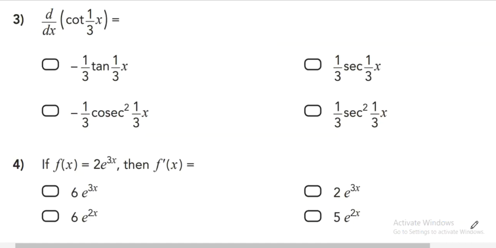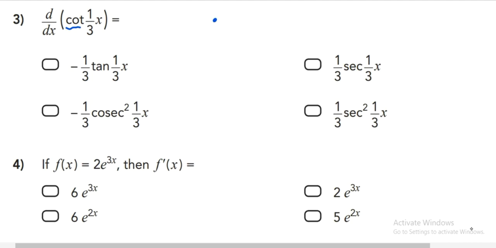Question 3. d by dx cotan 1 over 3x. Here we want to differentiate a trigonometric function. We said before that differentiation of a trigonometric function is differentiation of this trigonometric function multiplied by differentiation of the angle.